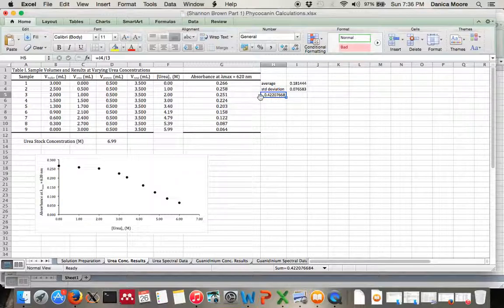But in general, the smaller it is, the more the numbers here are agreeing with the average. And that's what you want when you're doing multiple trials, right? Not particularly the case here, but in a lot of cases it'll be a useful number to use. So this number here, we'll label it the percent difference, or the percent deviation.